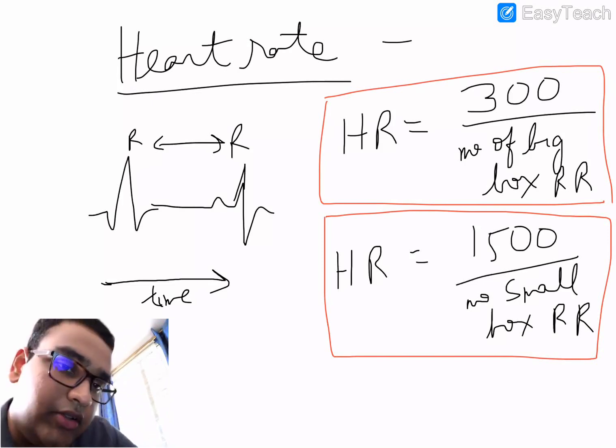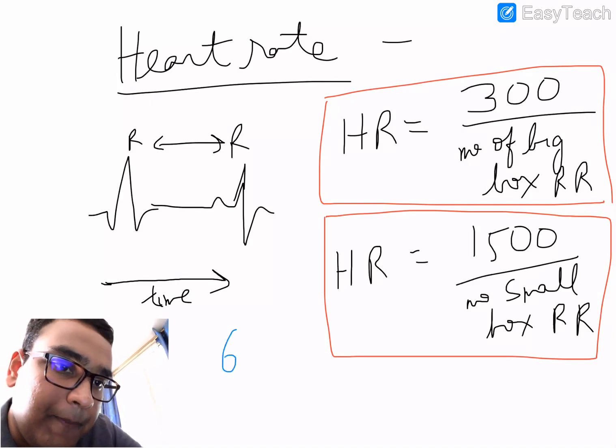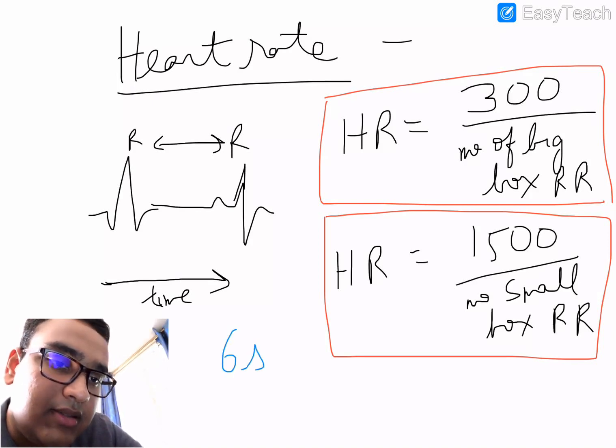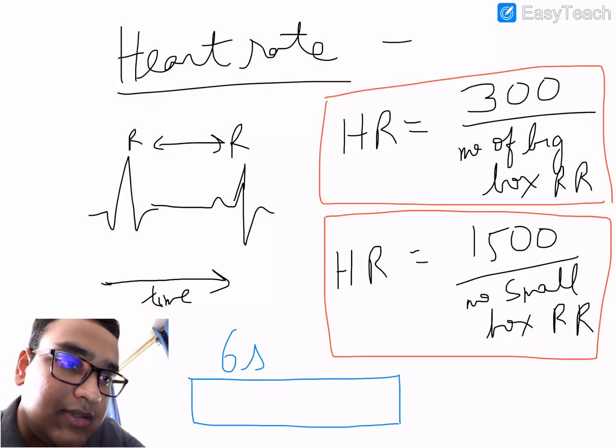As I told you, in case of arrhythmias, to calculate the heart rate you have to take a 6-second ECG strip. Once you do that, you get a piece of ECG strip, calculate the number of R waves in 6 seconds, and you can calculate the heart rate.